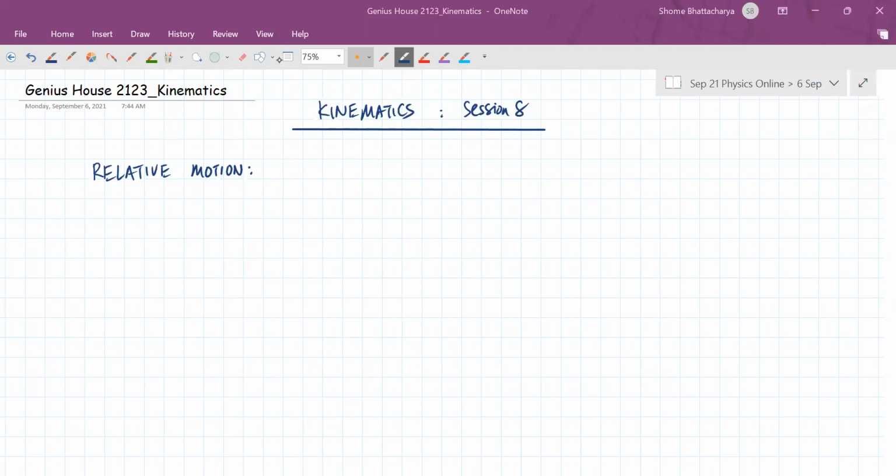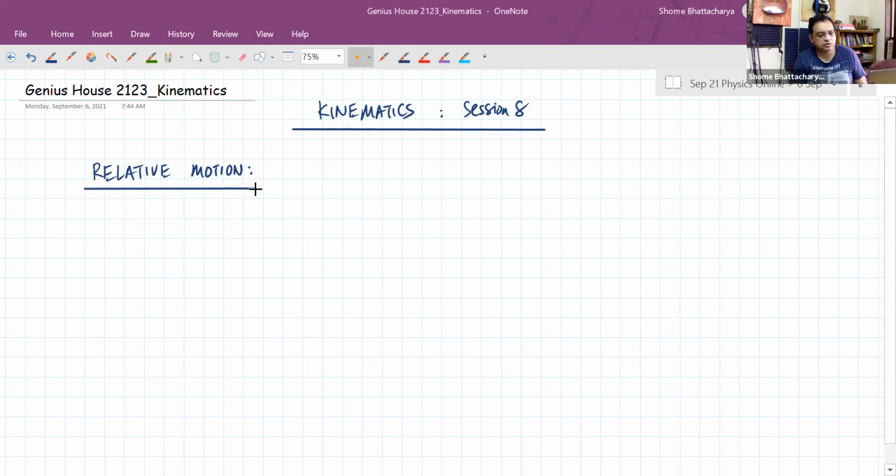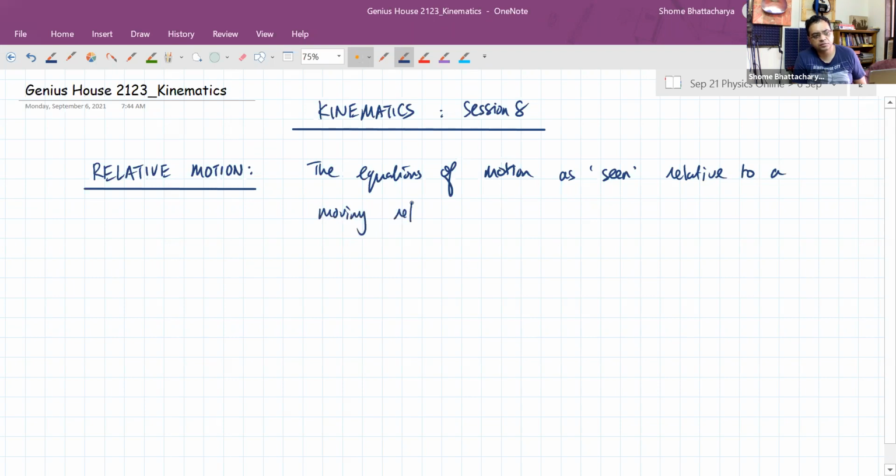Yeah, so relative motion is basically about the equations of motion as seen or as observed relative to a moving reference frame.